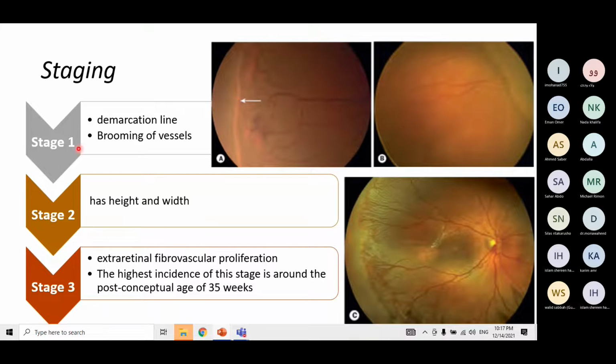Okay? Stage 2 is called the ridge. So it's something that looks like that. The glial tissue is not flat. It has width and height. Okay? Stage 3 is what we call the extraretinal neovascularization. So it's not just glial tissue, but there is abnormal neovascularization that started to develop here. Okay?